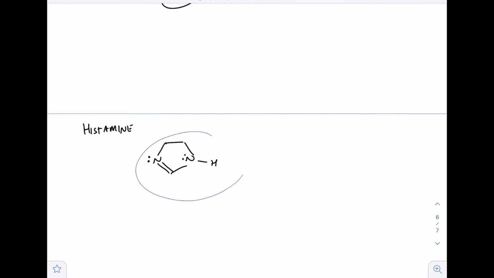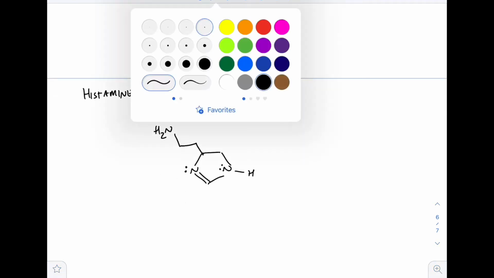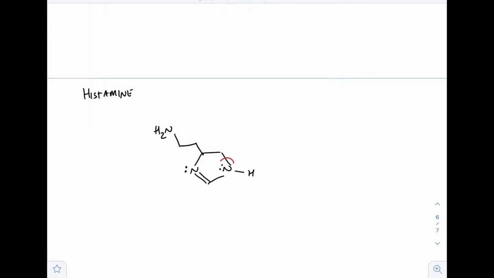Okay. Now let's take a look at histamine, because it's got a similar thing going on, right? So we have a heterocycle, and we've got 2 different types of nitrogens in there, right? So this nitrogen right here, it's got a lone pair that can participate in resonance, and so kind of just like the pyrrole, right? We've got a lone pair that resides in a p orbital. Okay.